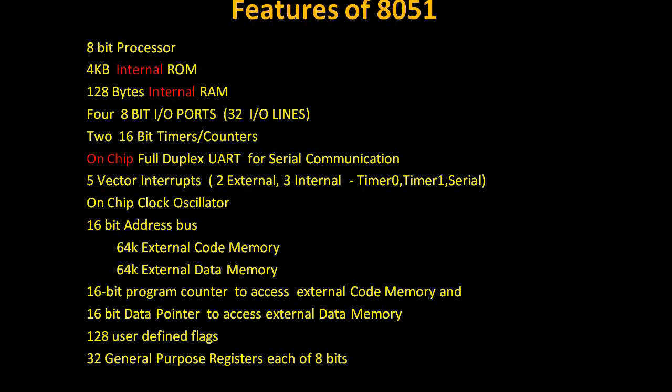Features of the 8051: 8-bit processor, 4 KB internal ROM, then details of RAM. These are the various features or specifications of the 8051 regarding address bus and everything. It has 128 user-defined flags and 32 general-purpose registers, each of 8 bits.